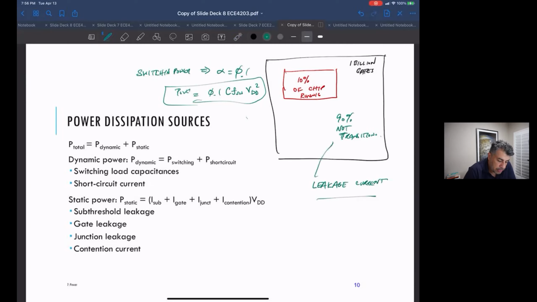So this 90% of devices that are not transitioning, they don't have any switching power component, but they do burn power still from the leakage currents. Those two different powers are called the dynamic and static power.